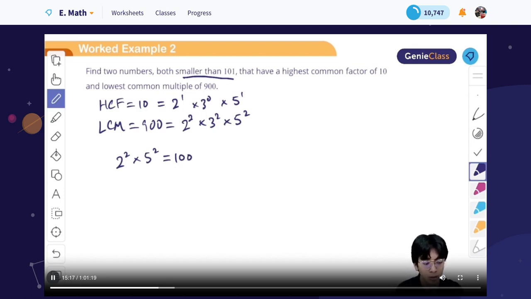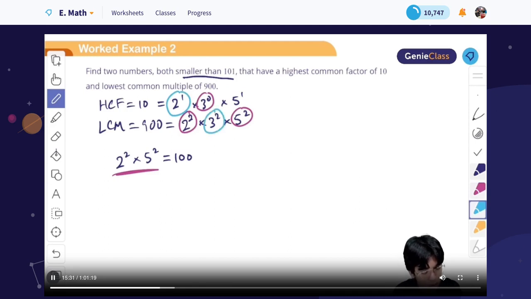So that means I chose this number and this number to go into the first number. The remaining part should be this thing here.